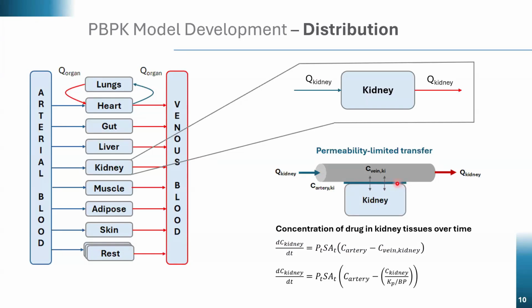So it all depends on which part of the body you are considering, and then you can decide which mechanism you are going to use in describing that transfer, okay?